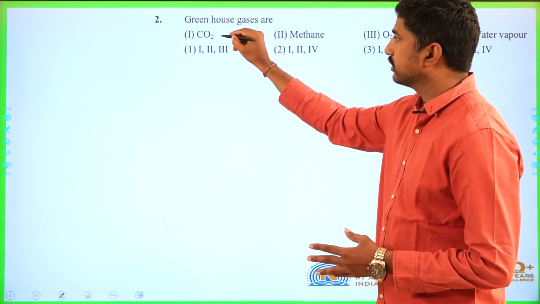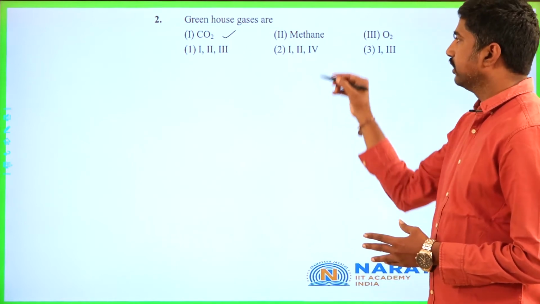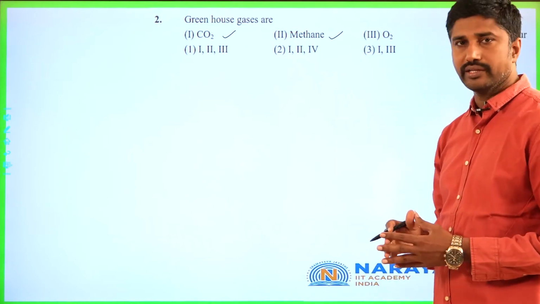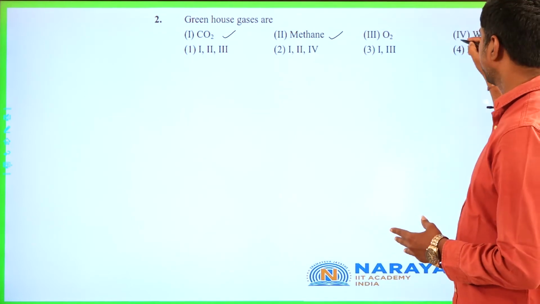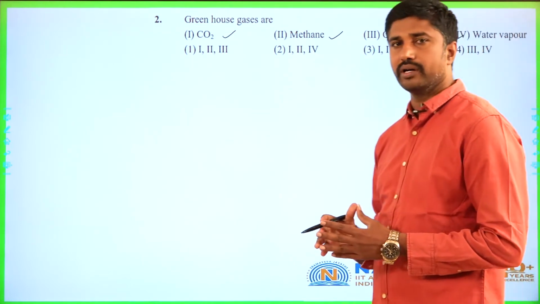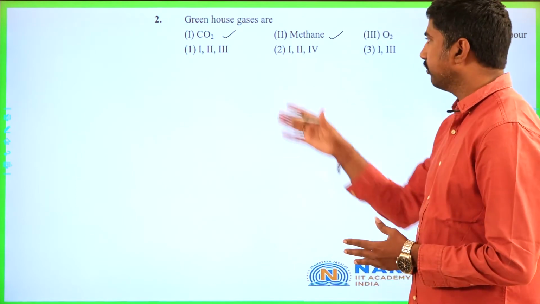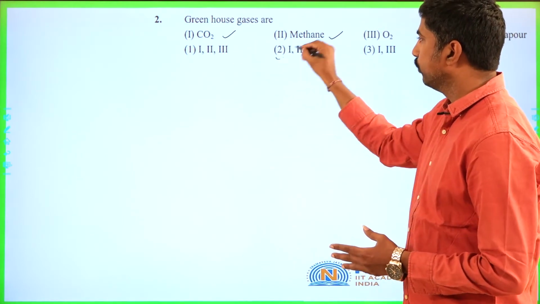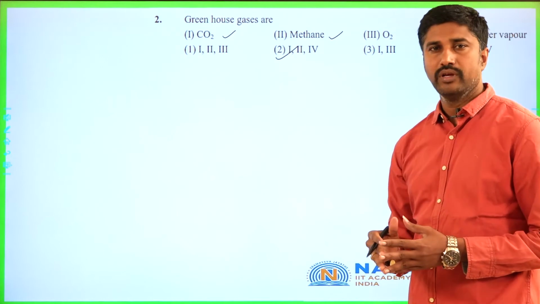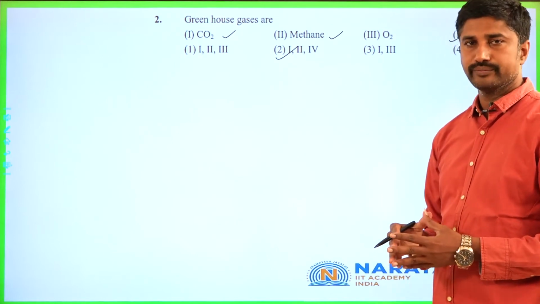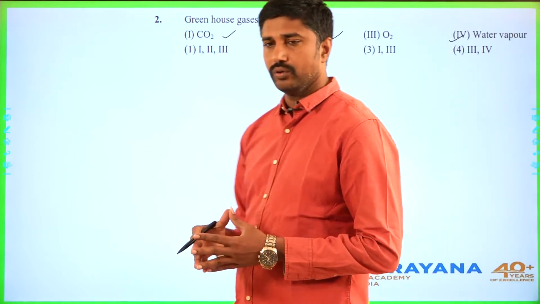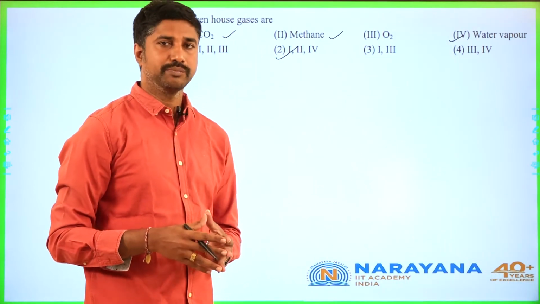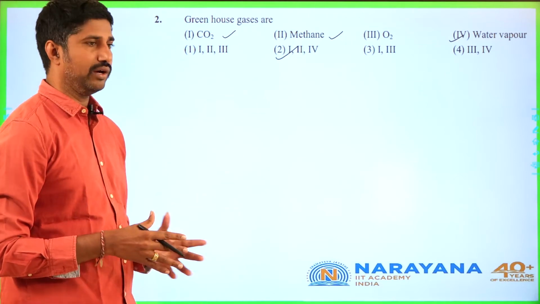Carbon dioxide is a part of greenhouse gases, and methane is a part, and ozone is a part, and water vapor is also one of the greenhouse gases. Based on the options available, we can select the second option, 1, 2 and 4. So carbon dioxide, methane, water vapor and ozone, and nitrous oxide, a small part, can also be considered as greenhouse gases.